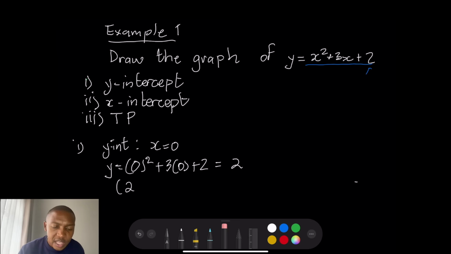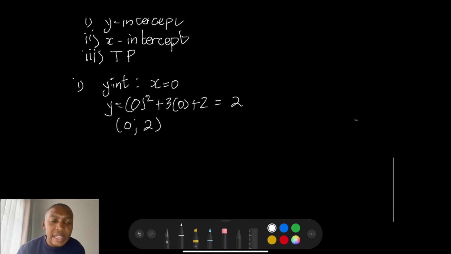See now, I'm making an error right at the beginning. So in this case, I would have where x is equal to 0 and y is equal to 2. So this would be the coordinate of my y-intercept. Okay, right. And then the second thing that we wanted to do is to now find the x-intercept.